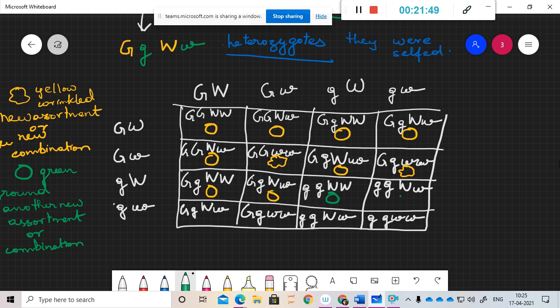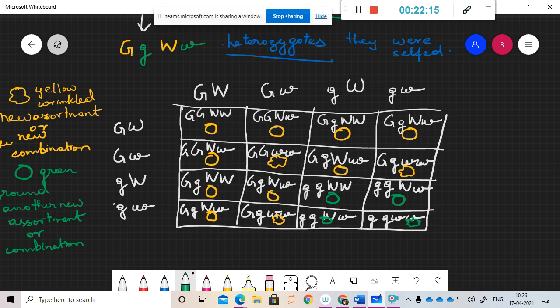This is also the same thing, green round, then you have yellow round again, yellow wrinkled again, green round again, and green wrinkled again.